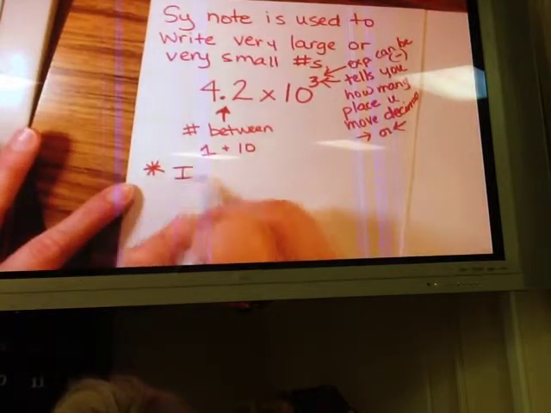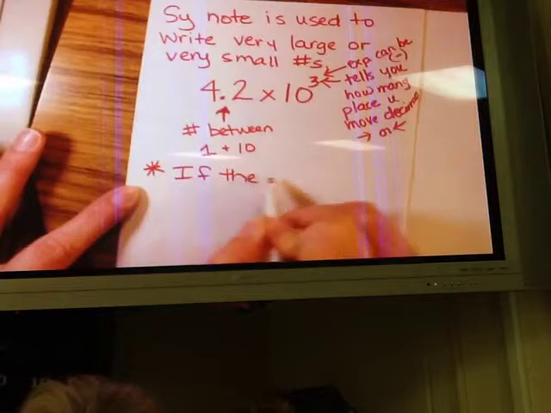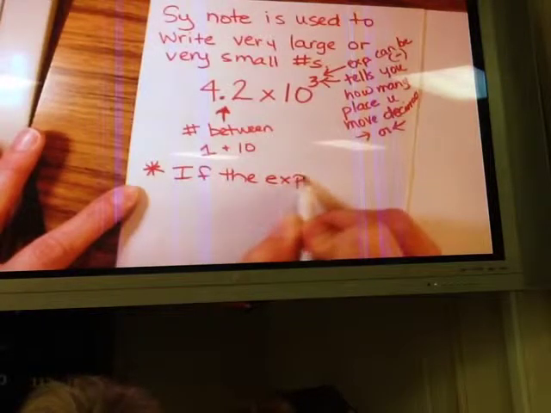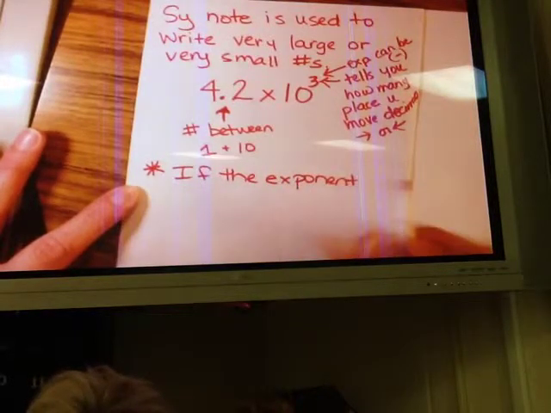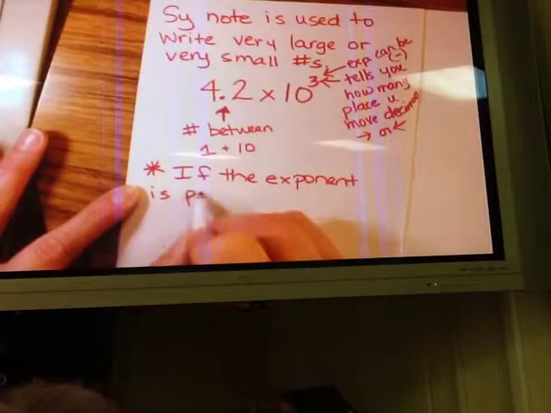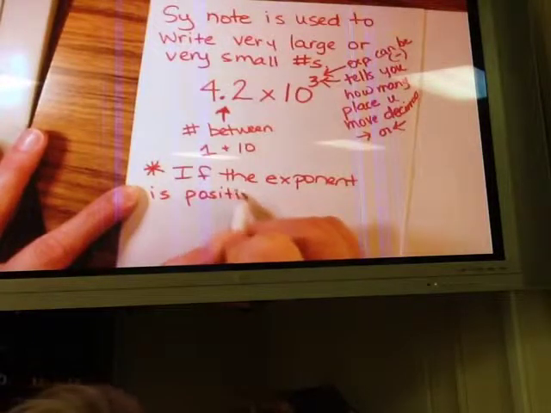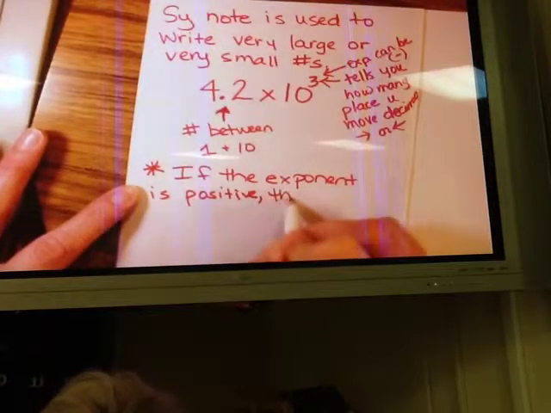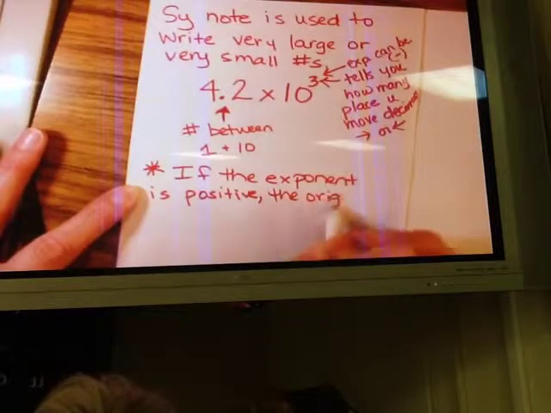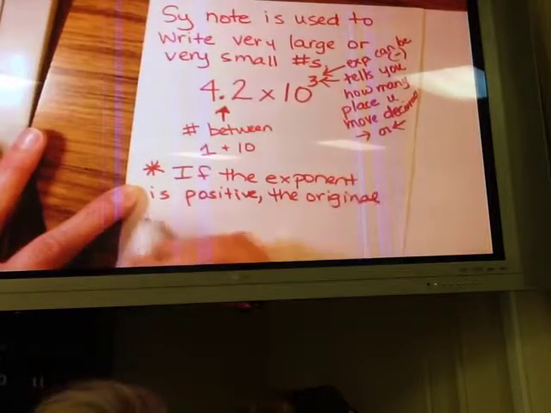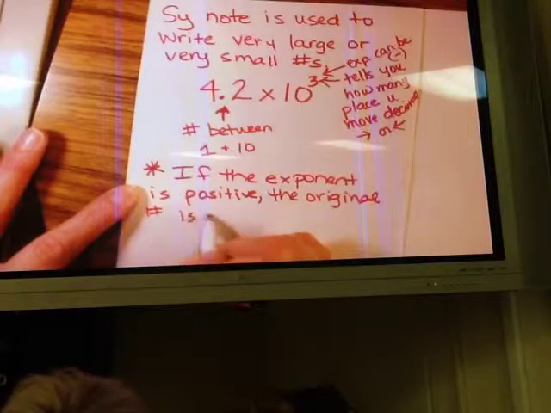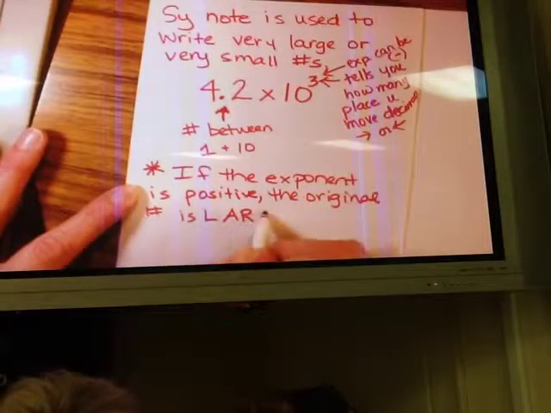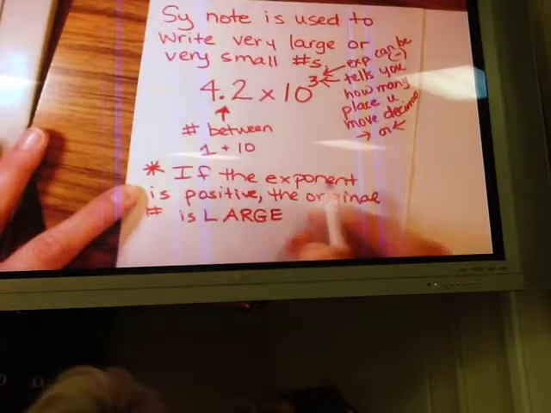If the exponent is positive, the original number is large. A very large number.